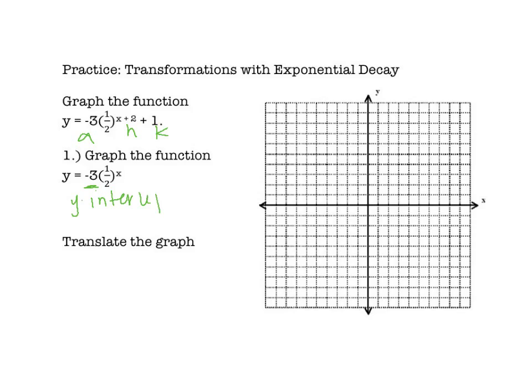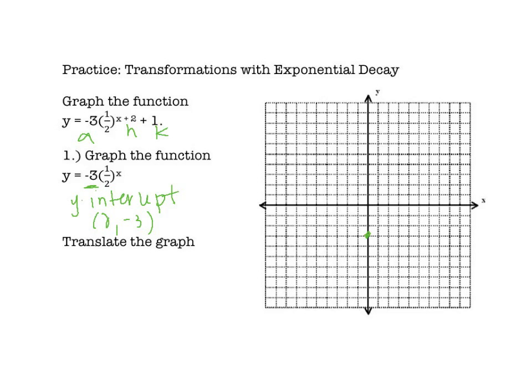So I know that the first point that I can plot would be 0, -3. And then if I just plug 1 into this function as the power of x, I would get out -3/2.